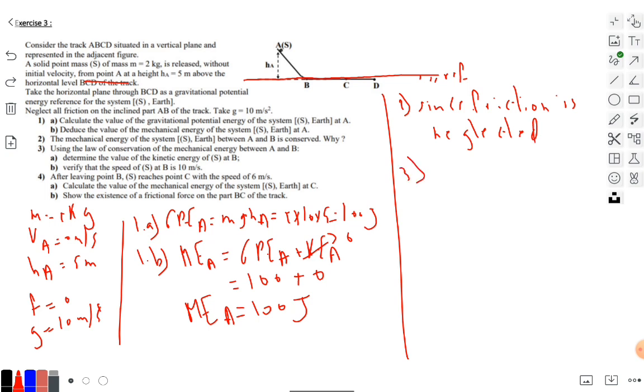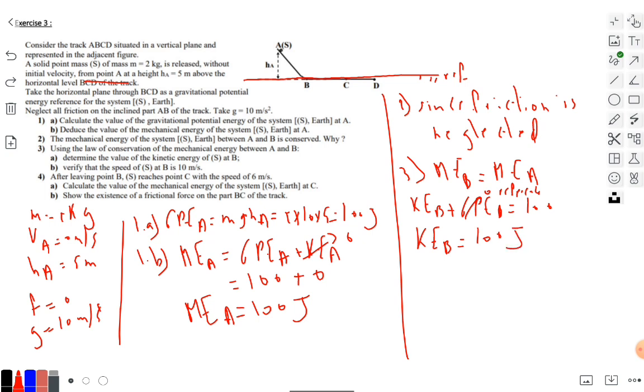Part 3, using the law of conservation of the mechanical energy between A and B, determine the value of the kinetic energy of S at B. ME at B is equal to ME at A. Then kinetic energy at B plus GPE at B equals 100. And GPE at B equals 0, reference. So kinetic energy at B is equal to 100 joules.